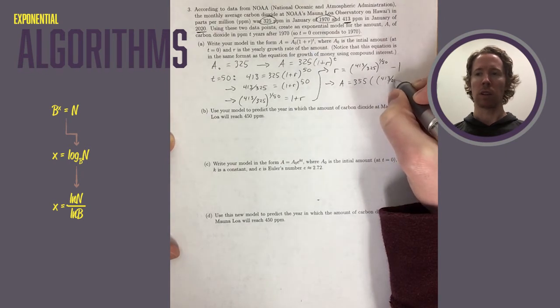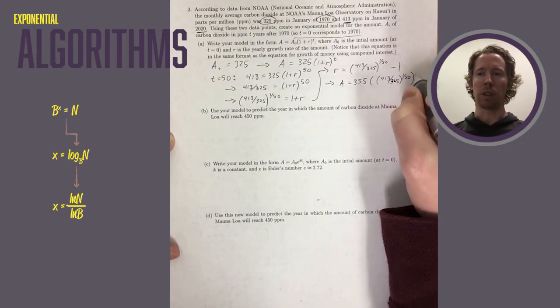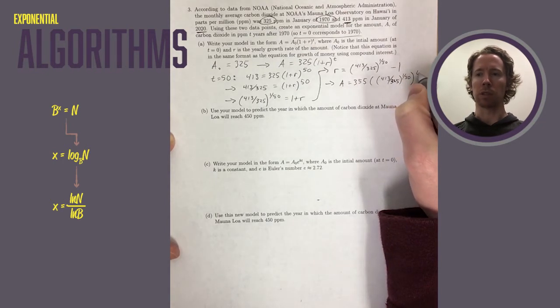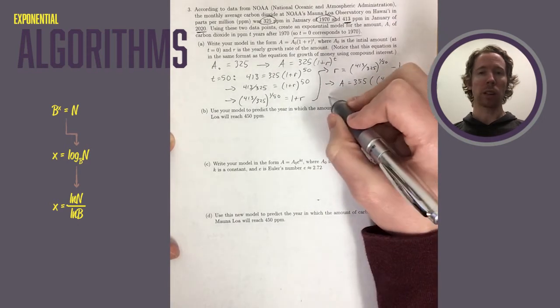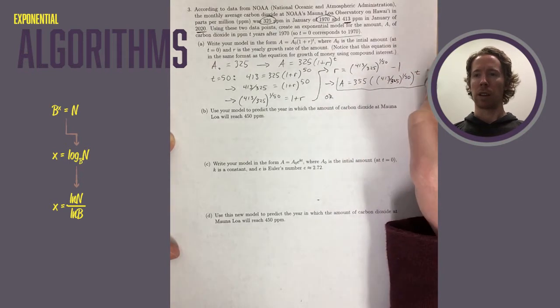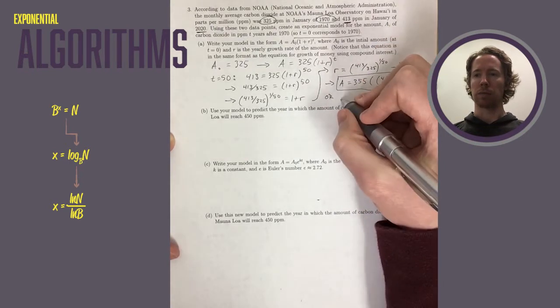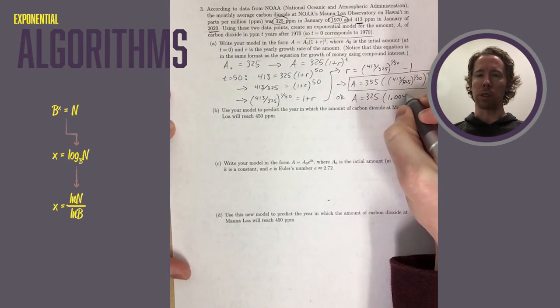Those cancel. That just gives me 413 over 325 raised to the 1 over 50 there in the parentheses. But if I had a calculator to get the decimal approximation, then that stuff inside the parentheses becomes 1.0048.